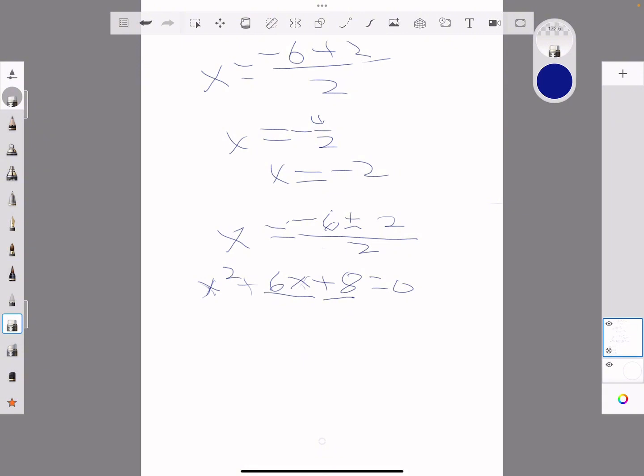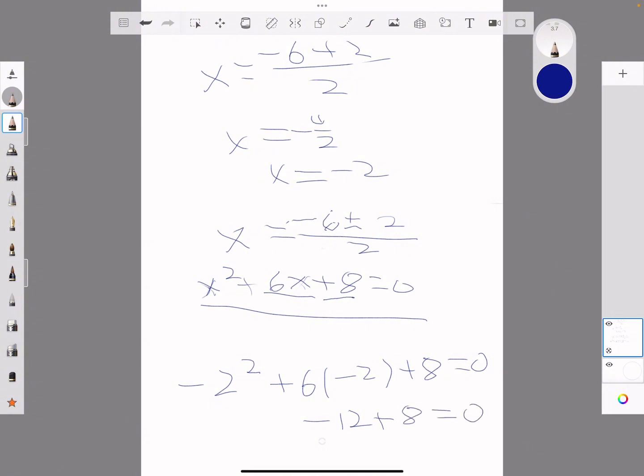So now since x is -2, we would have to plug things in. Let's use this equation to prove it.